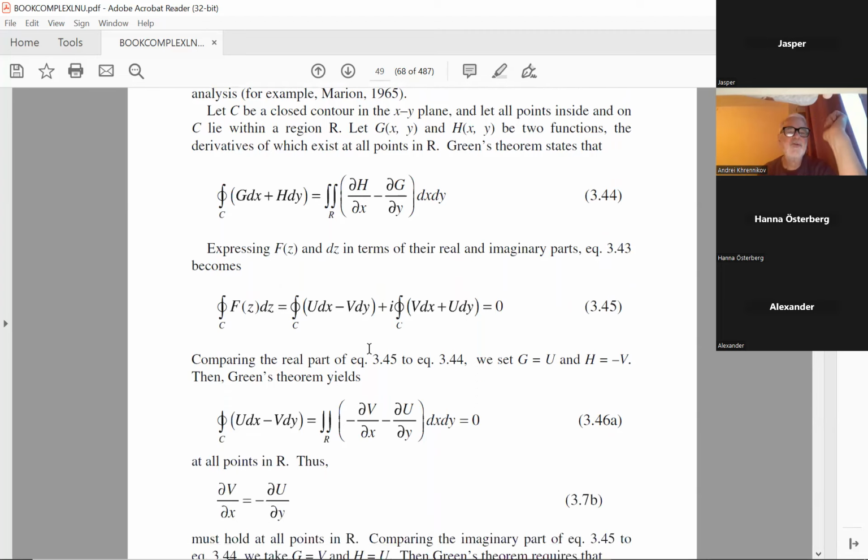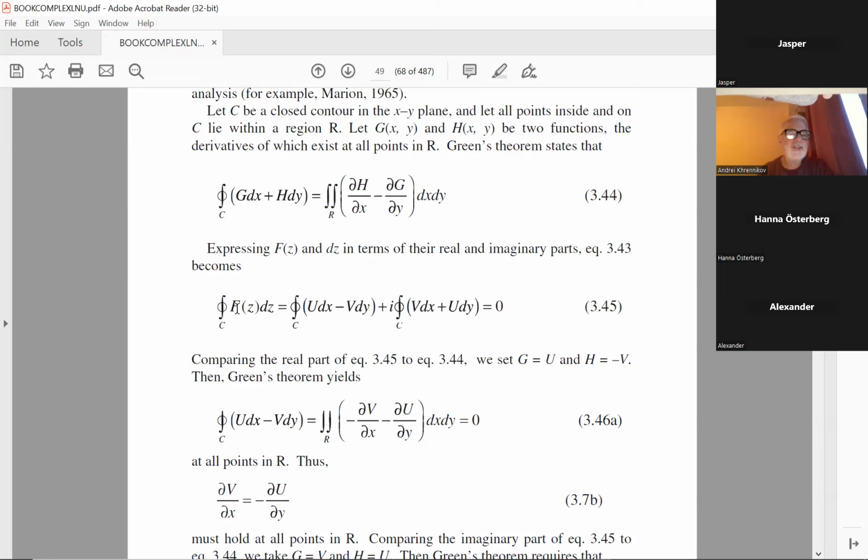Now, what do we do? We take our analytic function. We want to apply this formula from usual analysis of a few variables to complex analysis. Here there was no restriction on g and h. Now we write our integral, which was before, over the closed curve.